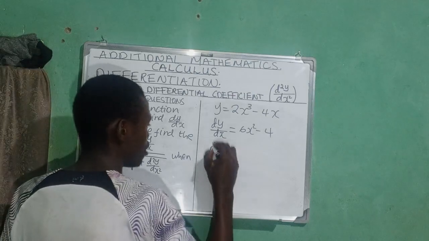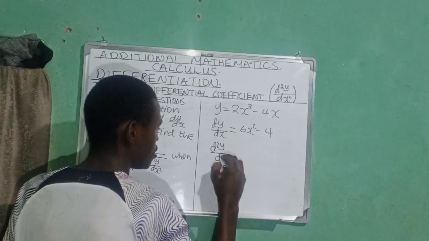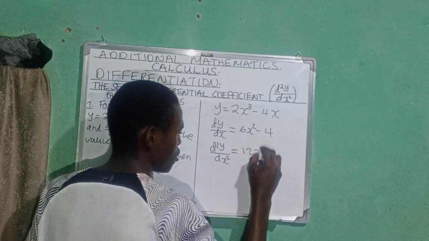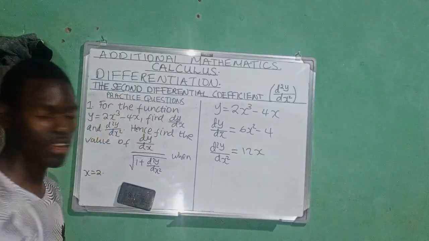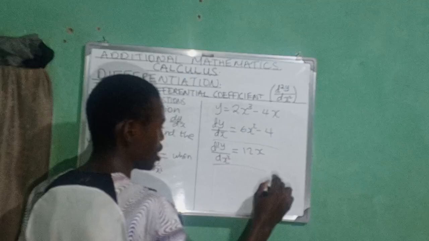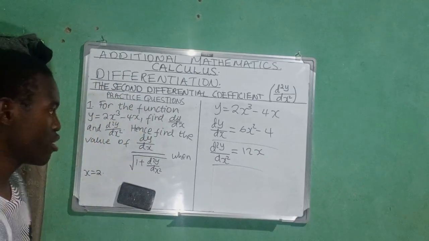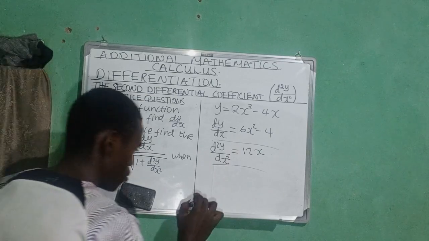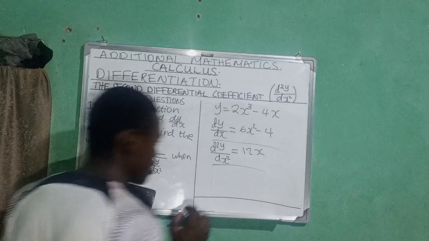Okay, so to find our d2y/dx2, it will be equal to, this is 12x. So we have 6x squared minus 4, then we have our 12x. So this is our d2y/dx2, then we have our dy/dx. We can just draw that line there.